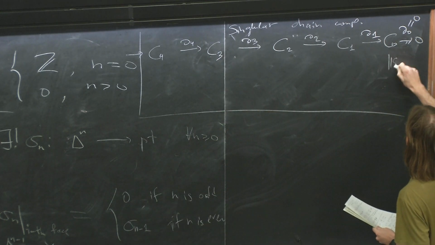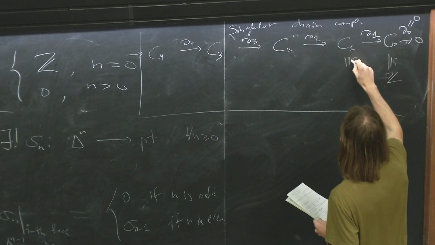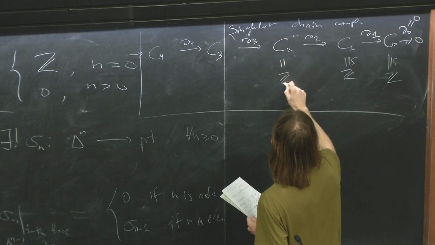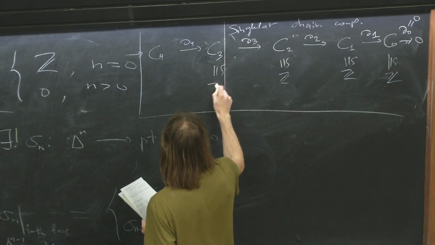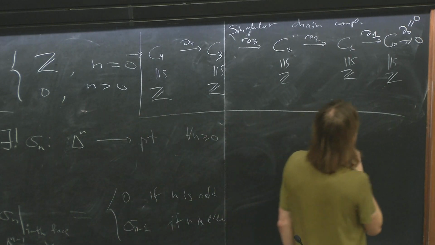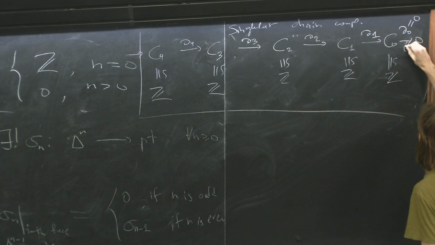Each of these groups is isomorphic to Z, as we just showed. And the corresponding maps are like this. This is a 0 map.